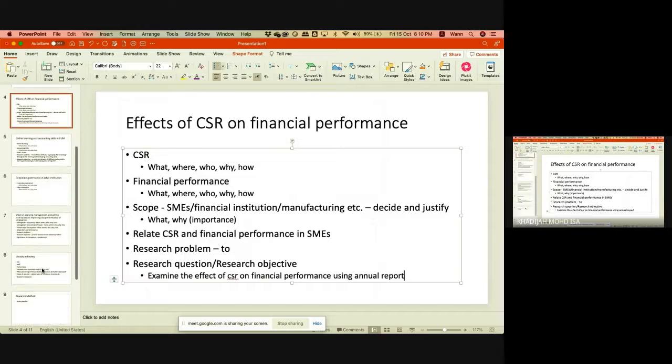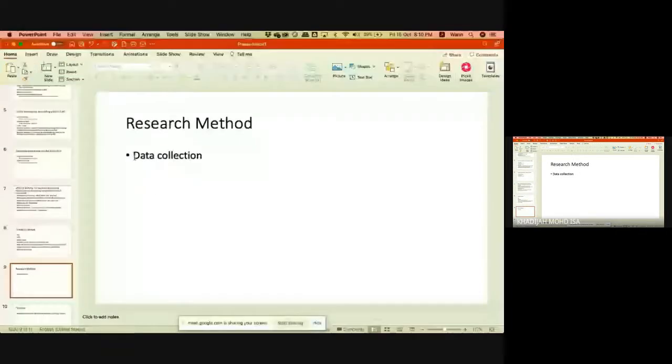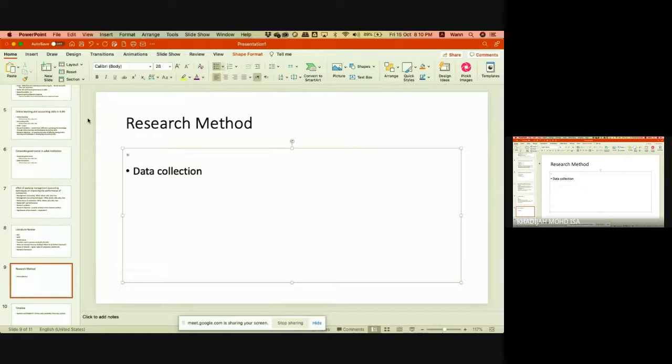So again, your methodology depends on your research objective. What is your objective? Then you decide how you're going to collect the data. Your data in this case can be in the form of primary data or secondary data.